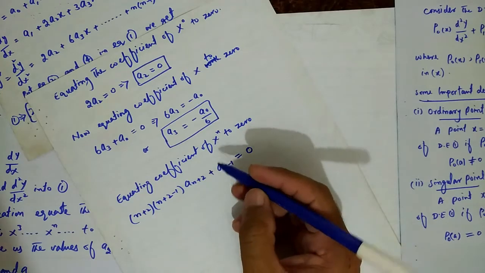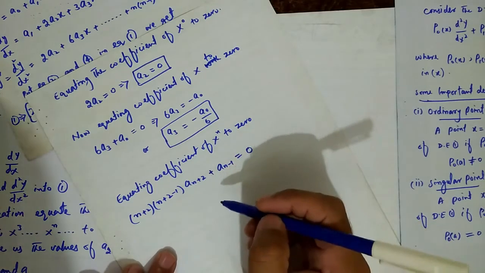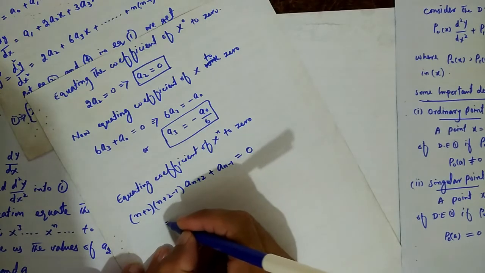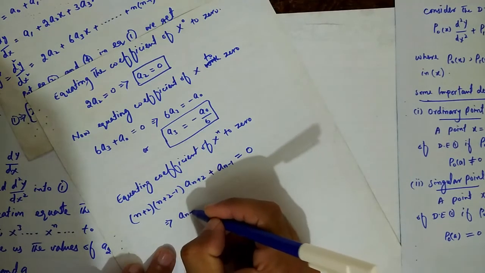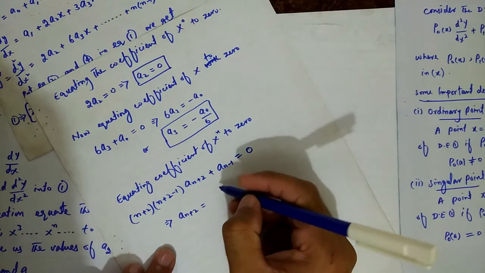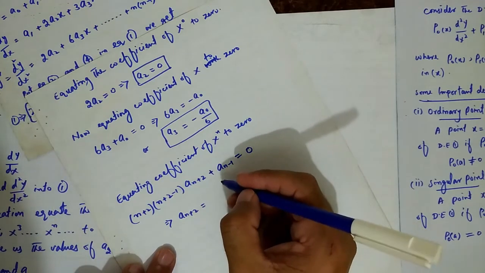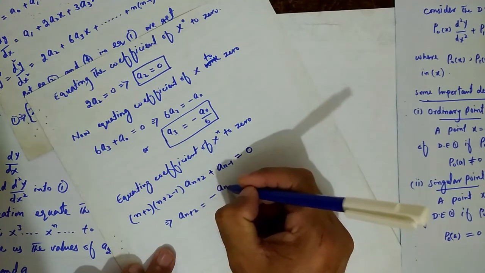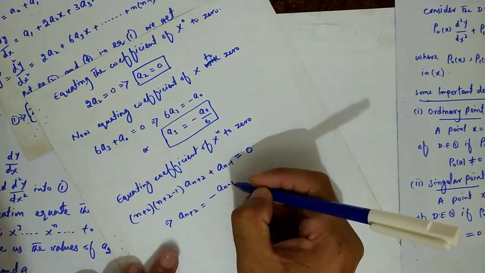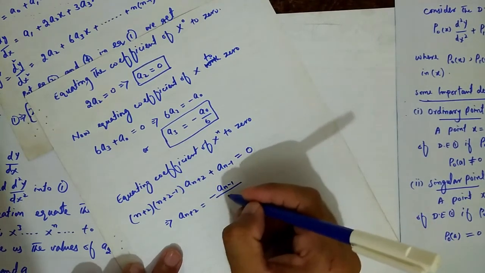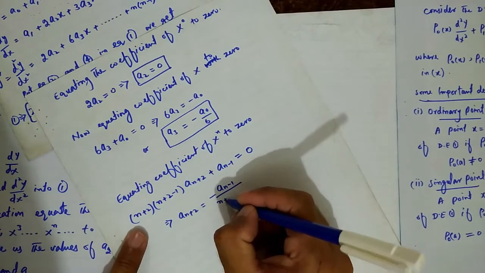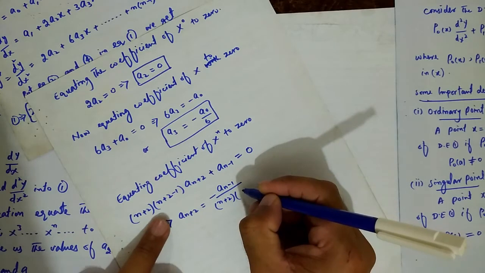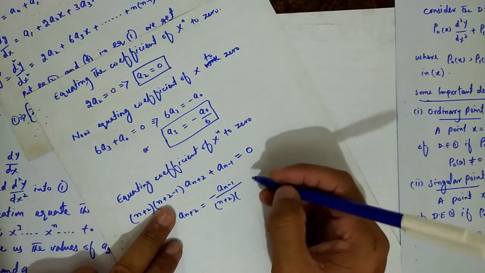So by this equation, a n plus 2 will be equal to minus a n minus 1 divided by n plus 2 times n plus 1.